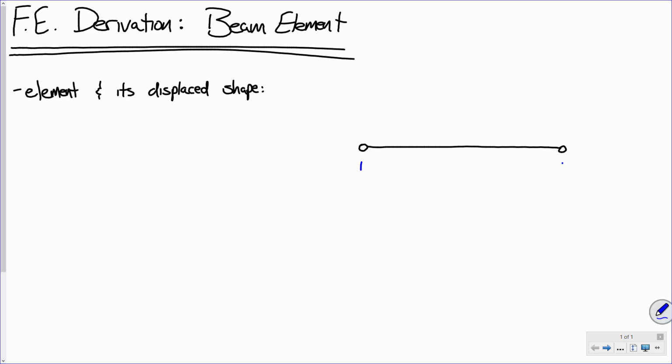We'll say that this element has a length of L. Now, I propose to you that this element can have a translation on each end and a rotation on each end.